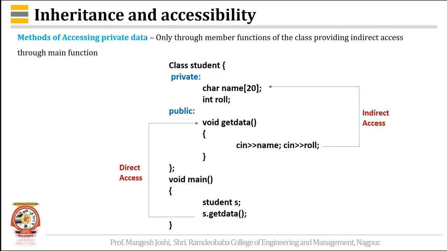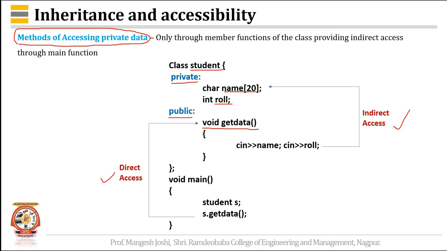Now inheritance and accessibility. There are methods of accessing private data. Let us see an example. We have taken two types of access, direct access and indirect access. You have created a class student, and in the private section of the class you have name and roll number. And in the public section of the class you have a get data function to get the values of name as well as roll number.